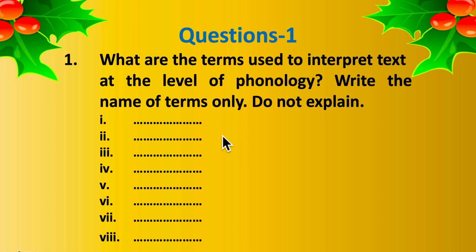And you know what the terms are? We have the 8 terms we have used. We have line, we have foot, we have syllables, we have constituency, we have phonology, we have hierarchy, and so on. Just write the names. Don't explain, because here I am not asking you to explain. So write all the 8 terms used to interpret text at the level of phonology. Move on to the next.